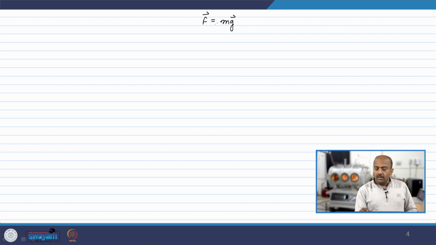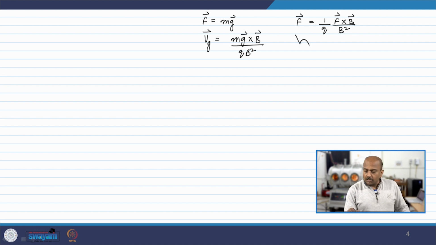So, that means that for this type of force, the drift velocity, let us call it V small g, the gravitational drift velocity, can be mg cross B by QB square. Before we write this, the generalized expression is 1 by Q F cross B by B square.